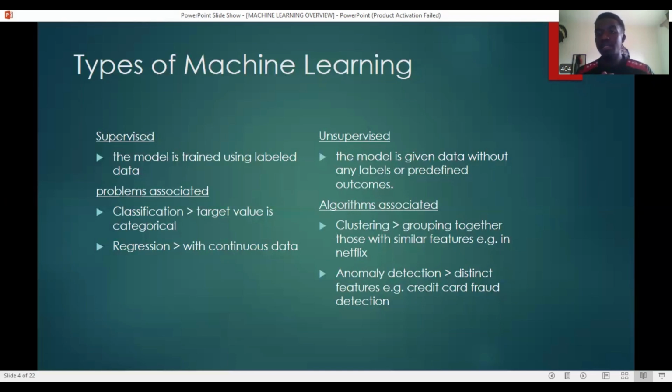And then anomaly detection, where we take the opposite of clustering, whereby we look at those distinct features which other groups don't have. For example, in credit card fraud detection, we see a pattern that diverges from a normal pattern, and we know it is some kind of fraud.